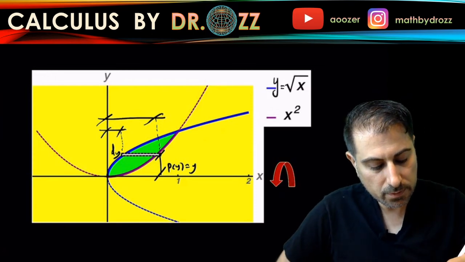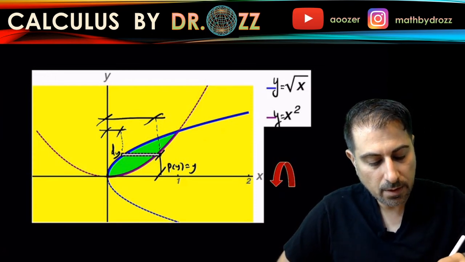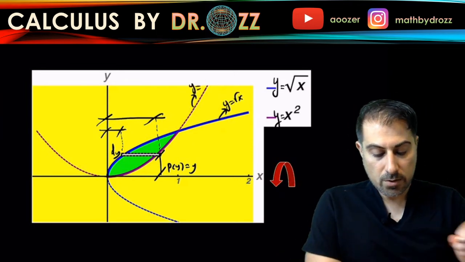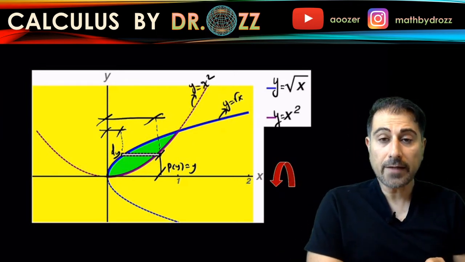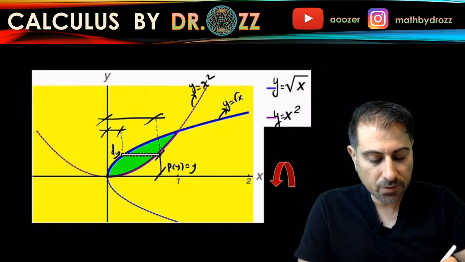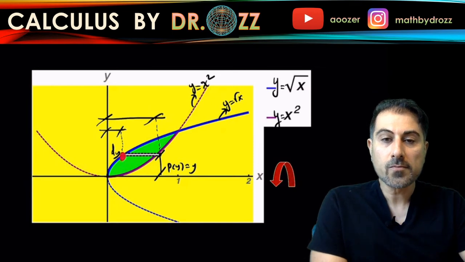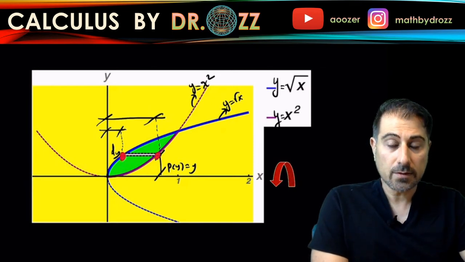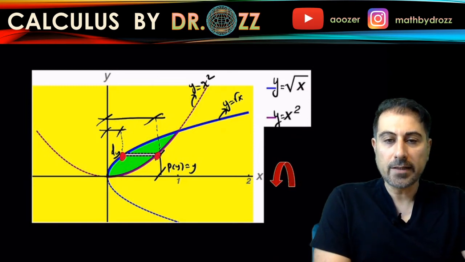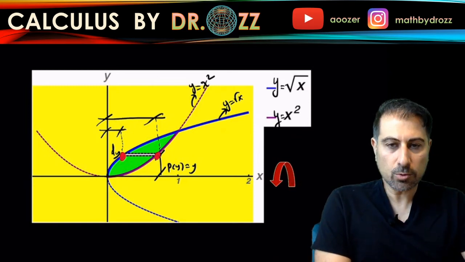So the very left end of the slice is on the blue curve, and the very right end of the slice is on the purple curve. And both points, both red marks, have the y coordinate exactly equal to y.